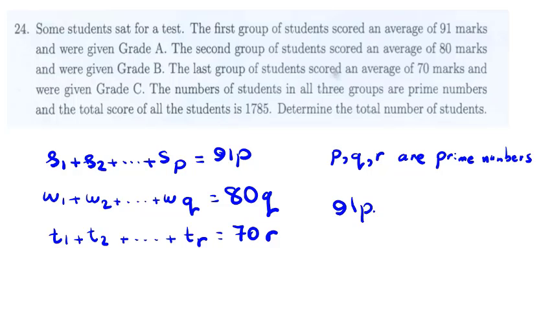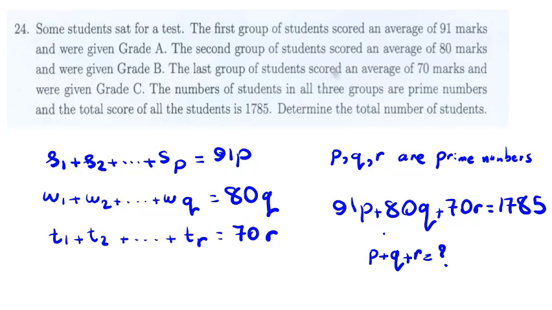So 91P plus 80Q plus 70R equals 1785. Now the problem wants us to determine the total number of students. So the problem asks for P plus Q plus R.